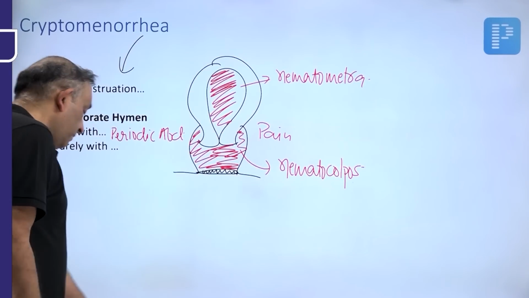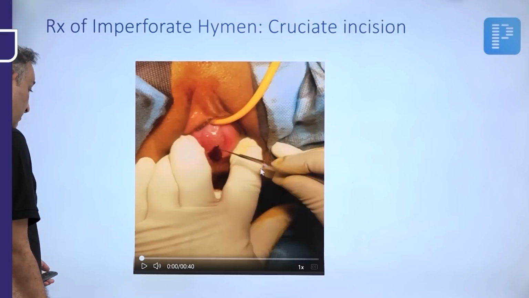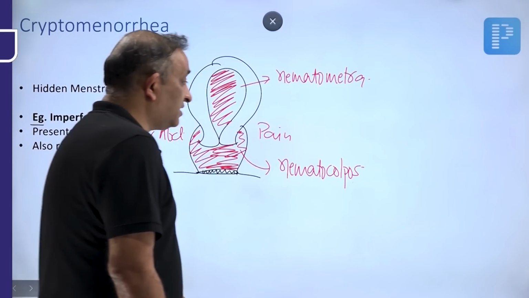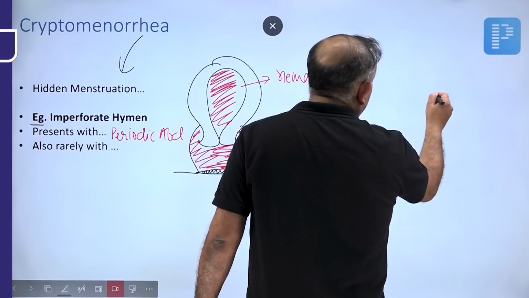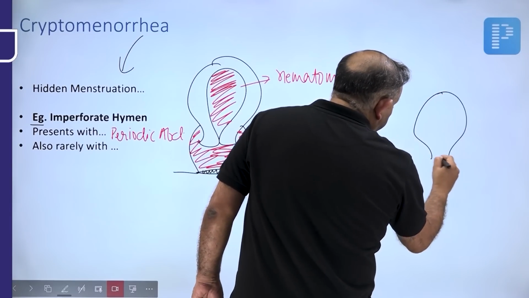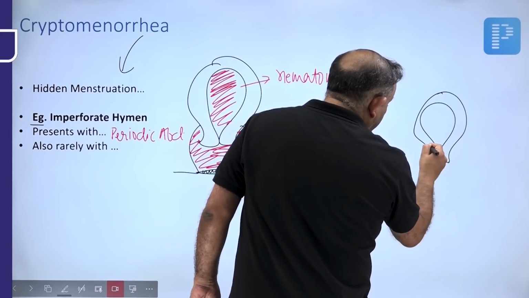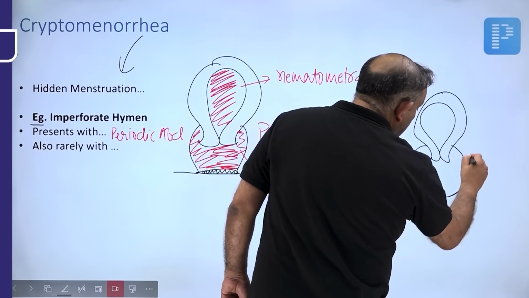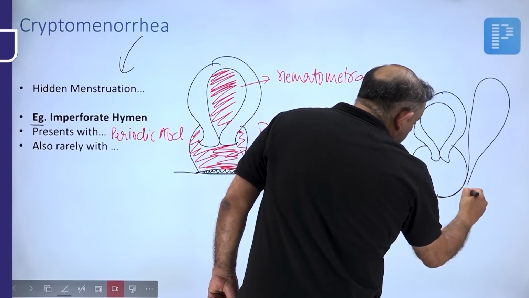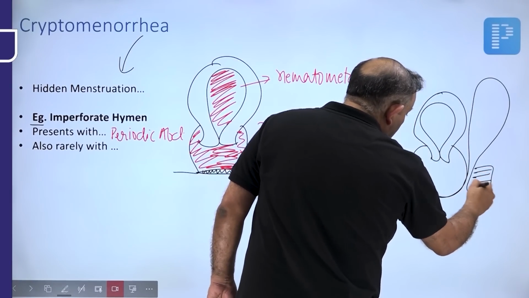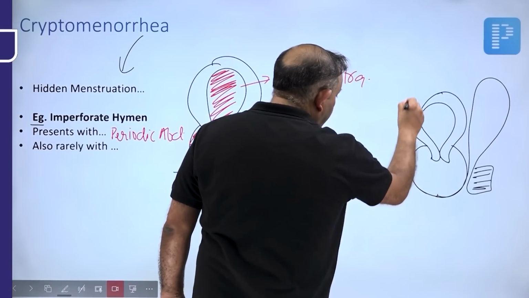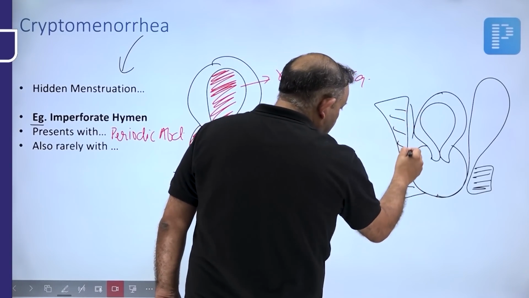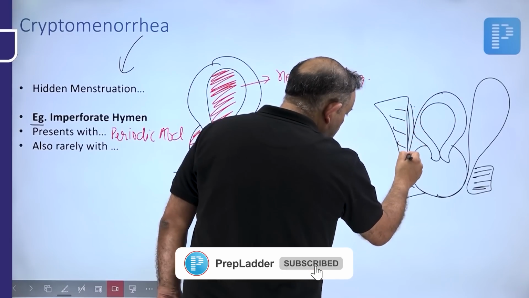Colpos means vagina. But rarely the patient may also have a problem where the blood has accumulated so much that it is distending the vagina and that is distending the complete pelvis with a swollen vagina. So somewhere here is the rectum which has got compressed also.